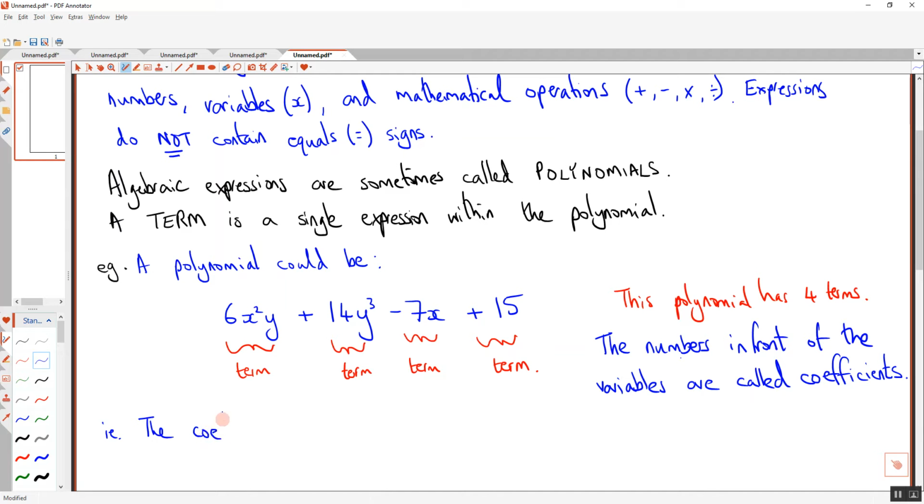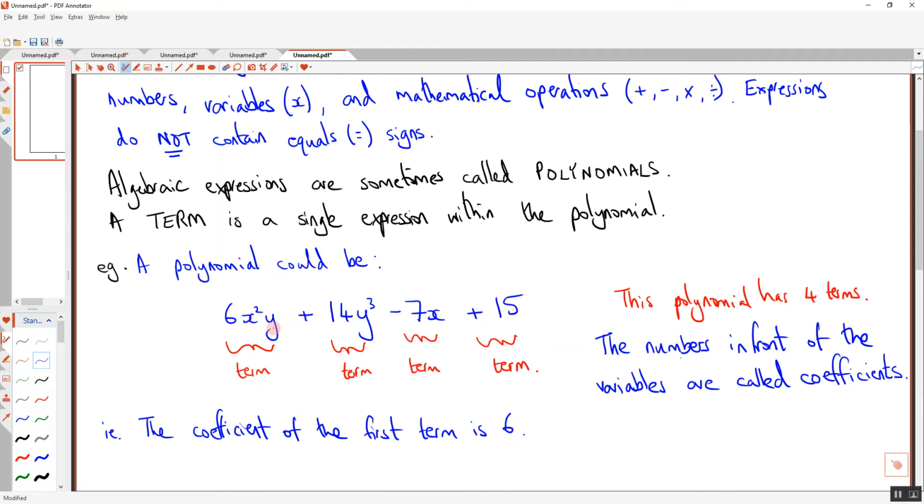So who can tell me the coefficient of the first term is just? What's the coefficient of the first term? 6.